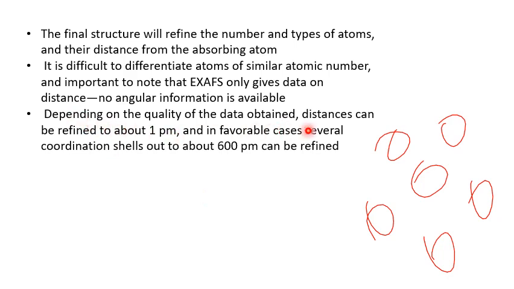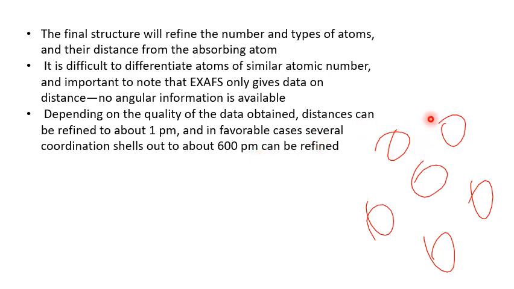Depending on the quality of data obtained, distances can be refined to about 1 picometer. Up to 1 picometer, that small distance can be measured, and in favorable cases several coordination shells out to 600 picometers can be refined.